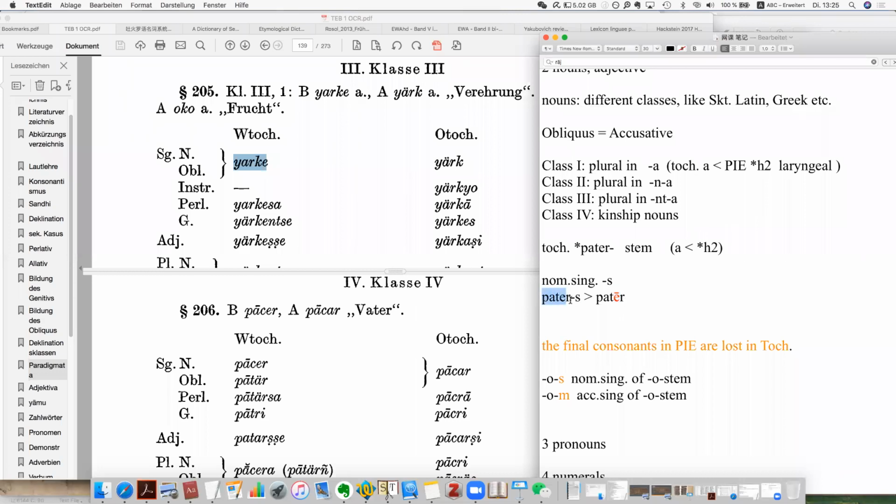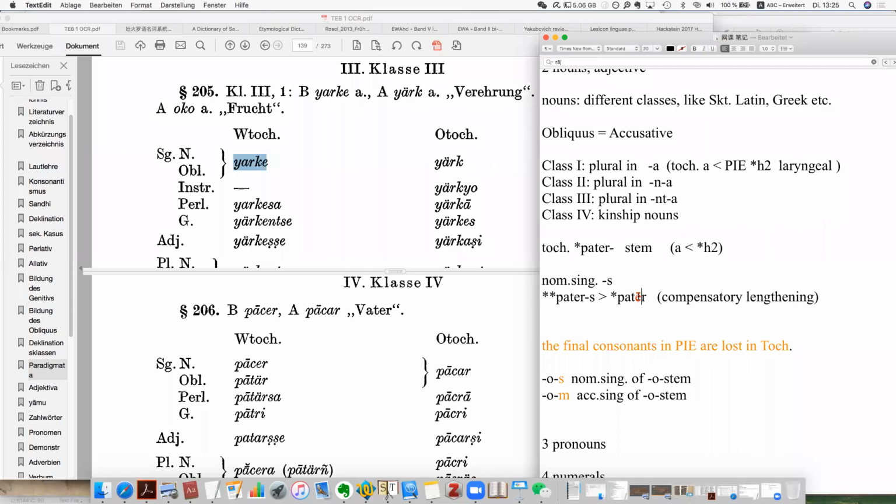Originally it is pater, and the nominative singular with S, so paters with two stars. Then this S disappears and lengthens the vowel. So this is a kind of compensatory lengthening.